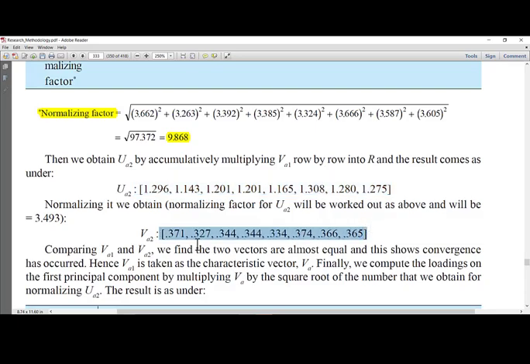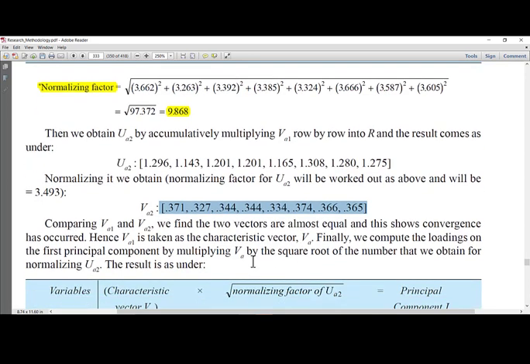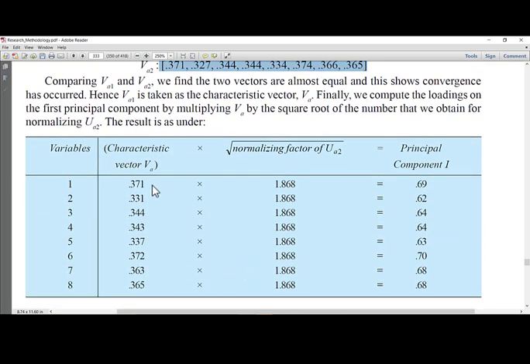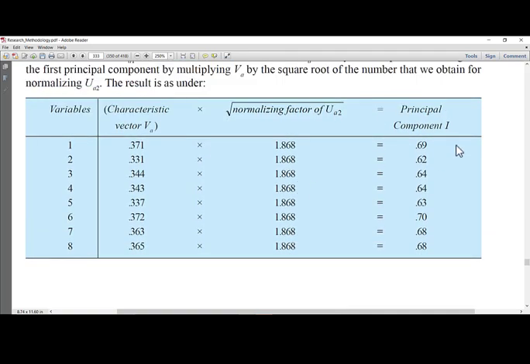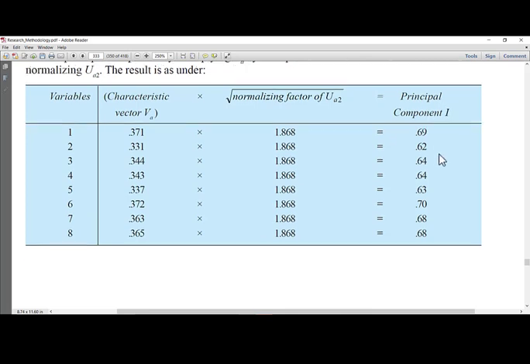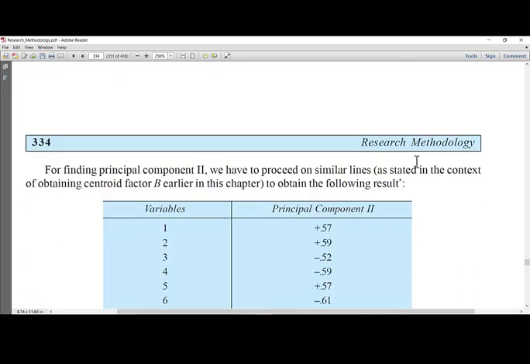This VB2 can be compared with VB1, and if VB1 and VB2 are similar, then we can assume convergence, and VB1 can be taken as the characteristic vector VB. Then we multiply that characteristic vector VB, that is VB1, by the square root of the normalizing factor of UB2. Then the principal component 2 values can be obtained. The procedure is like that.